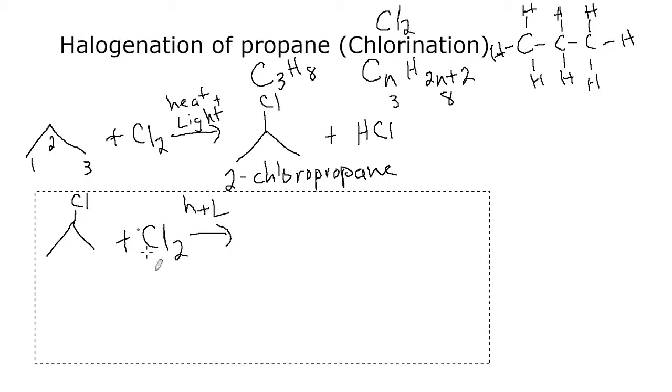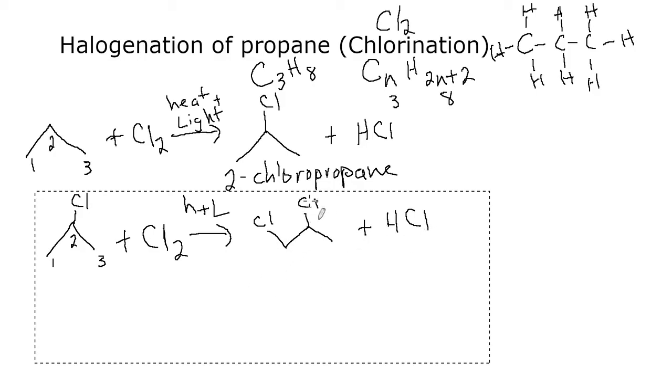And now another atom of chlorine can add to any one of these carbon atoms. All right. And so I'm going to draw the possibilities. It could add to carbon, well, let's go ahead and number these, 1, 2, 3. It could add to carbon number 1. So there's my chlorine bonded to carbon number 1. The chlorine on carbon number 2 is still there, and we would make another molecule of HCl.